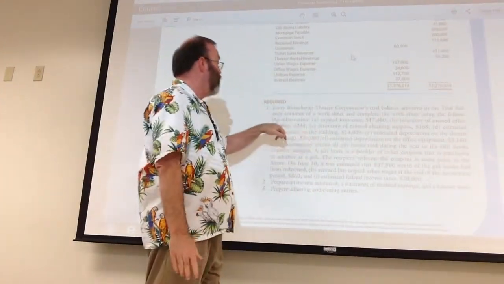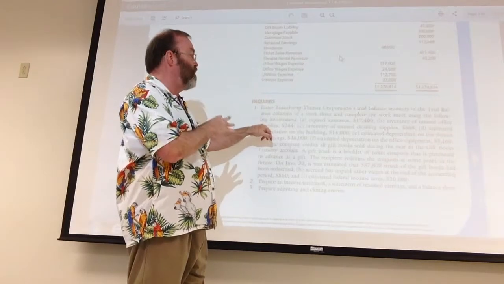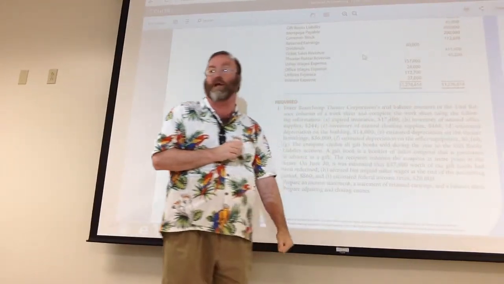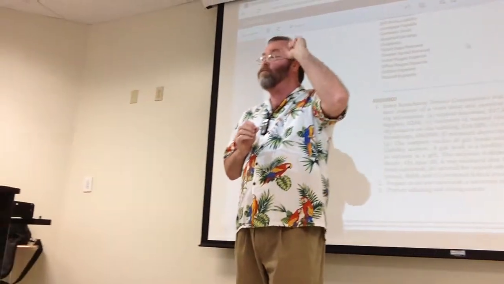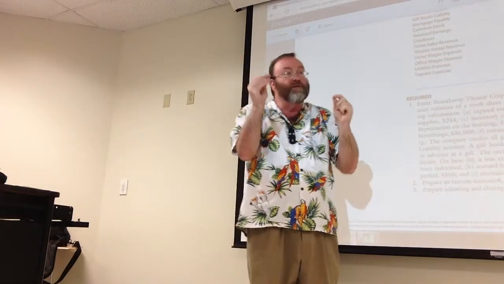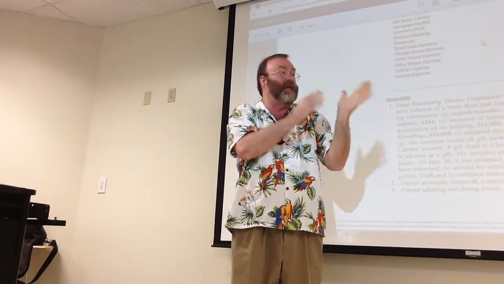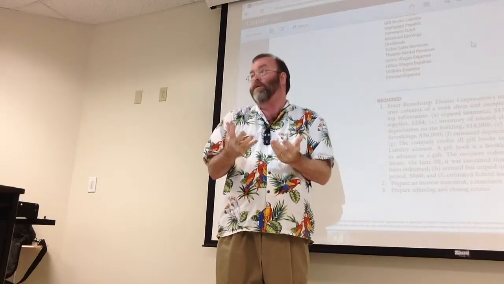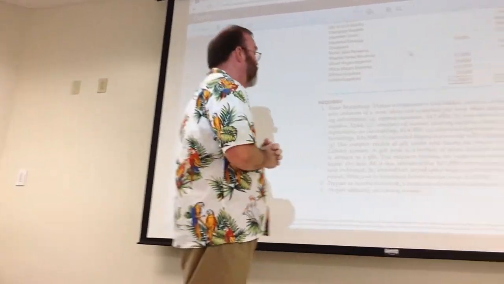They have the inventory of unused office supplies as well as the inventory of unused cleaning supplies. So you take a look at the balance in each of those 2 accounts. You compare it to the inventory that you have at the end of the period, and that gives you how much was used up throughout the year.